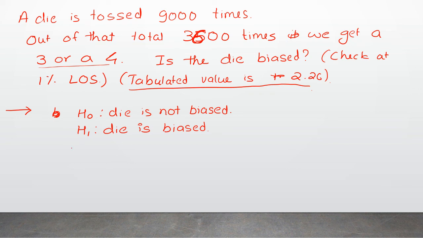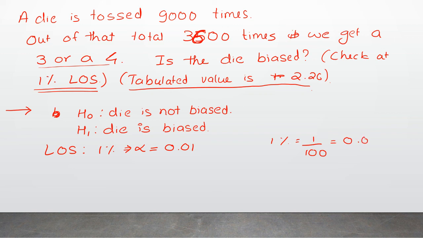Now, the level of significance: the question has directly given it, that is 1% level of significance, represented by alpha. 1% means 1 upon 100, that is alpha equals 0.01. If it were 5%, it would have been alpha equals 0.05. That is the only difference.